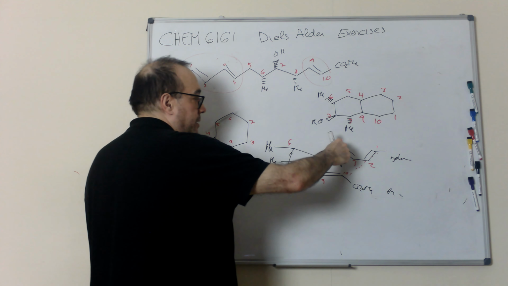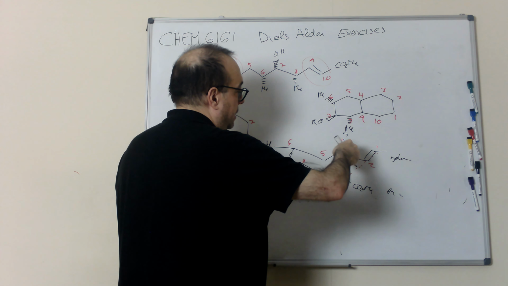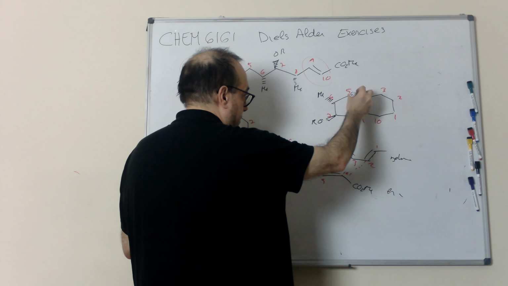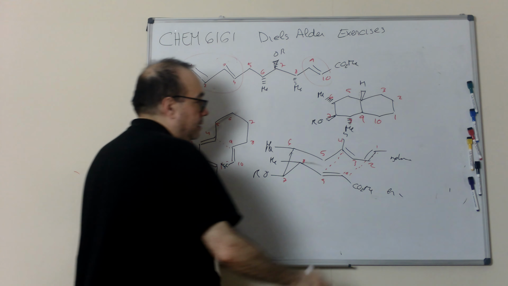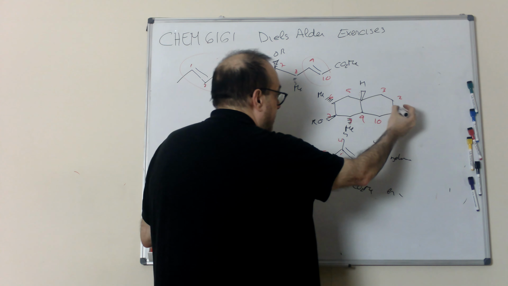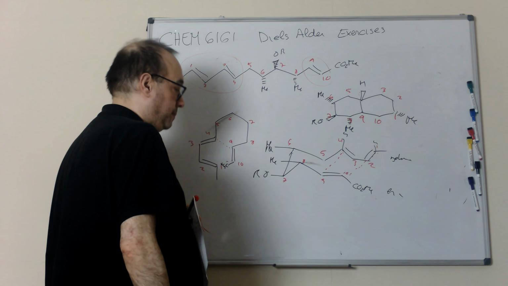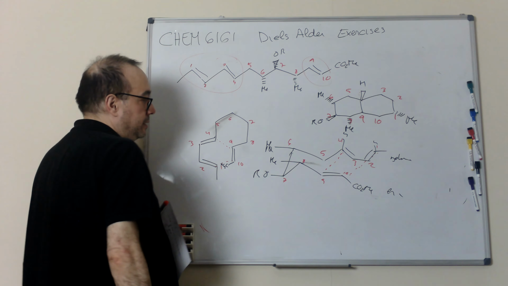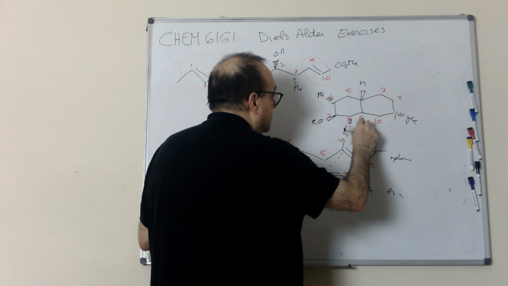If I am doing this approach, this hydrogen is going up. Okay. 3, 2, 1. If I am doing this one, this methyl is going down. If I am doing this one, this is in front, that means the hydrogen will go down.